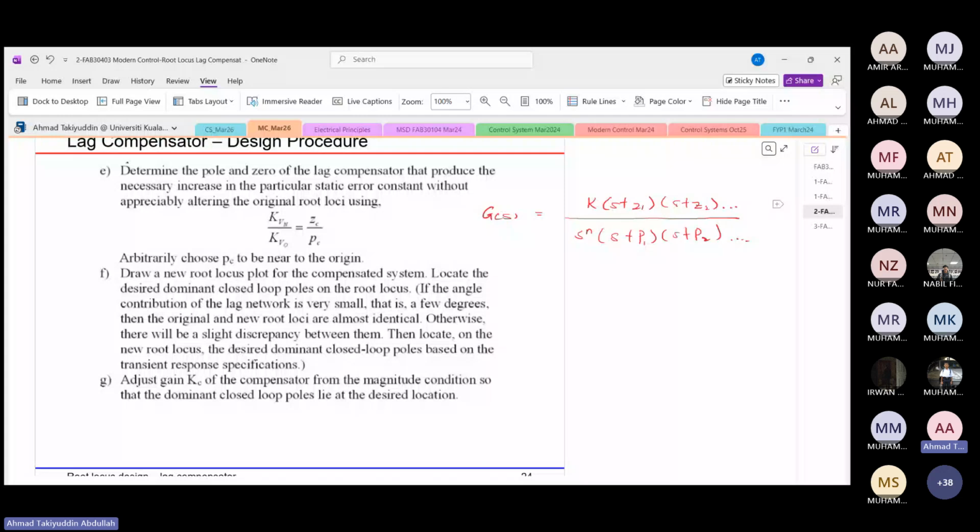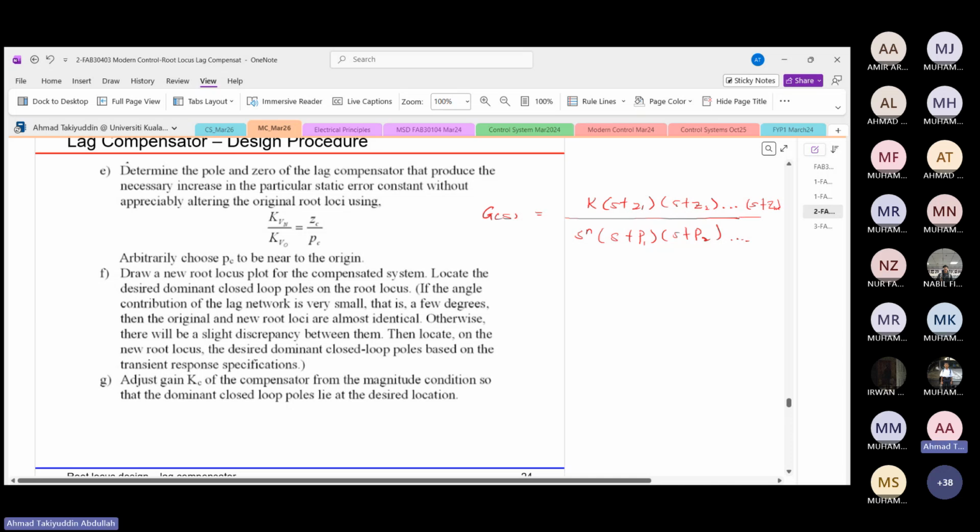In certain references, the final zero is going to be s plus zm. We're just going to take it as the number of zeros that you are going to have.